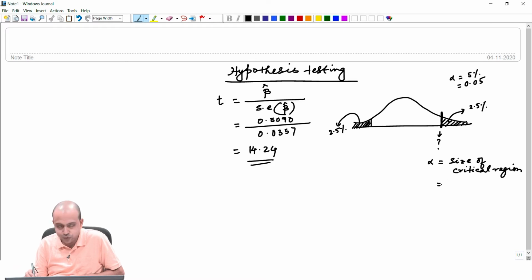So, I am saying that alpha is the size of the critical region, or we can also say that this is the probability of committing type 1 error, or level of significance.